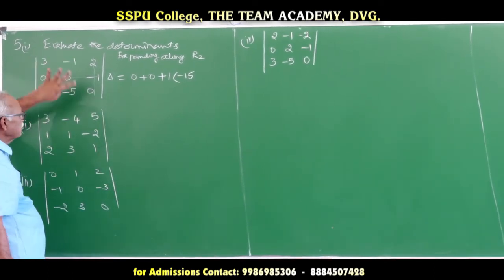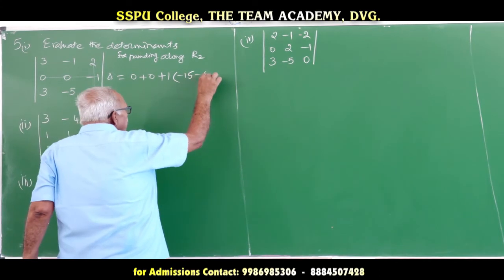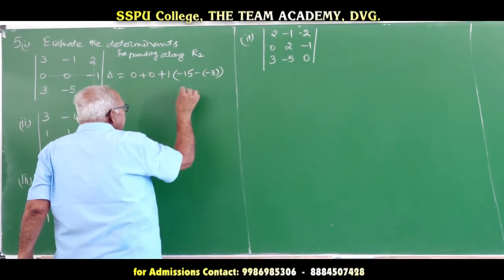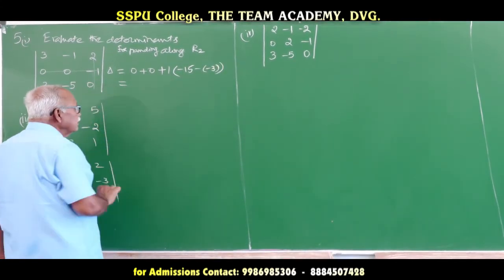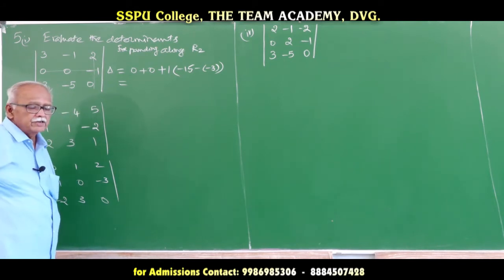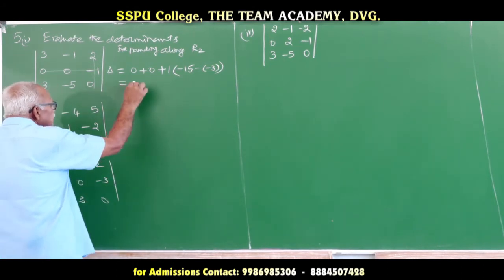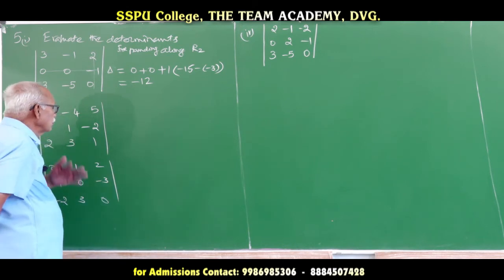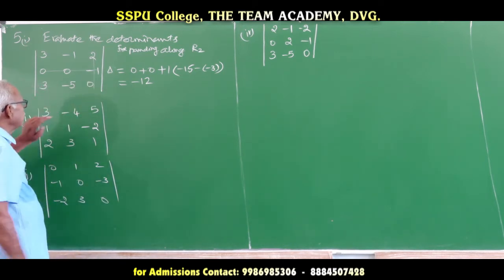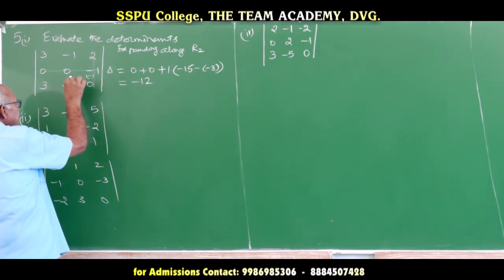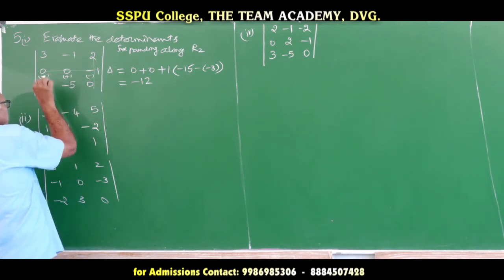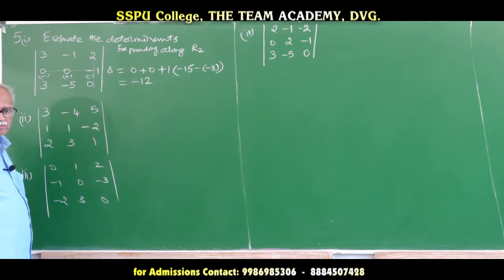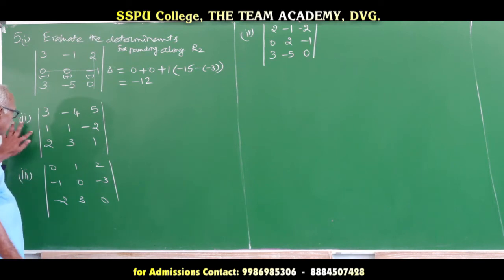So, this is a minus of minus 3. So, what is the answer for this? Minus 15 plus 3. So, this is minus 12. Minus 12 is the answer. So, here the sign is plus, this is plus, this is minus. Minus, plus and minus we have to take.